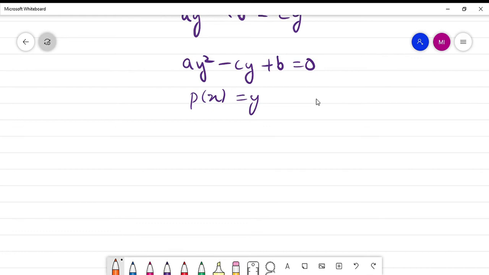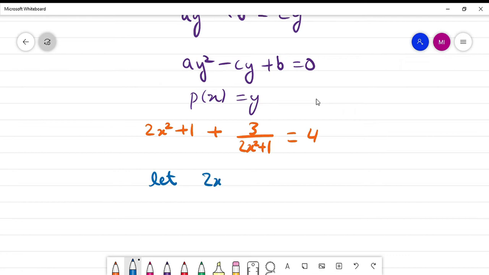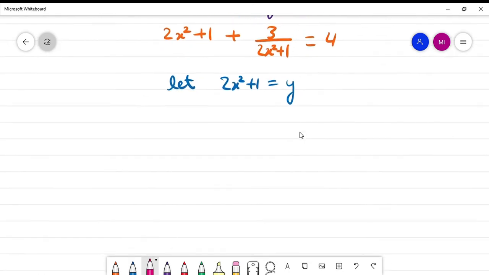Say 2x squared plus 1 plus 3 over 2x squared plus 1 is equal to 4. So we're going to let 2x squared plus 1, which is a binomial, equal y. We get y plus 3 over y is equal to 4.